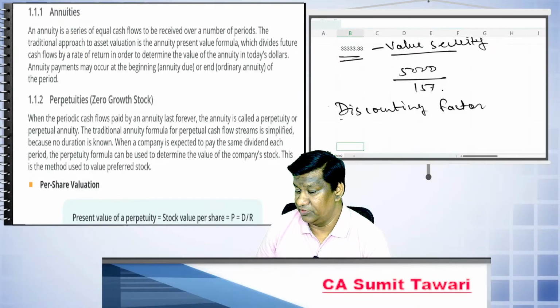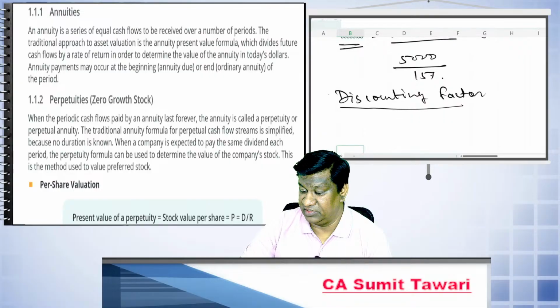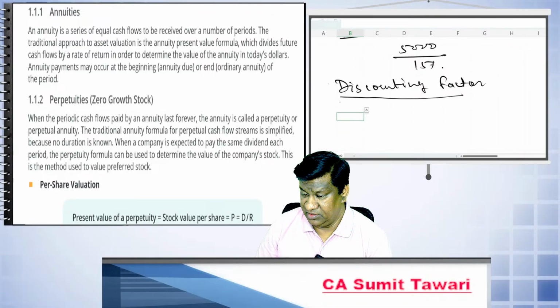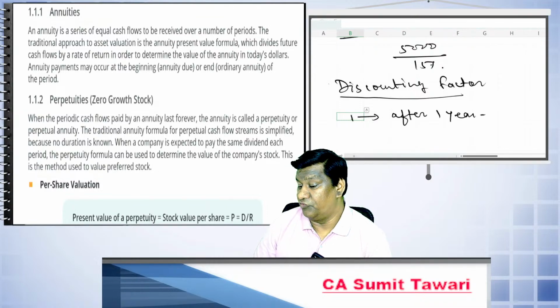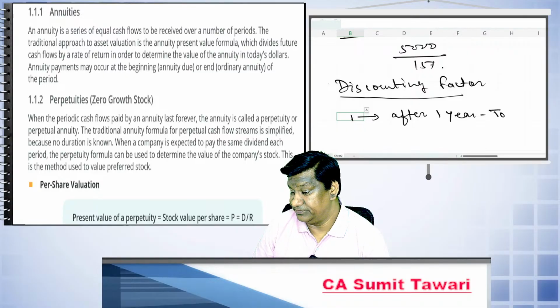Okay, sir. So discounting factor means the value of 1 rupee. What is my present value if I'm getting 1 rupee after 1 year? What is today's value? That is basically the discounting factor.